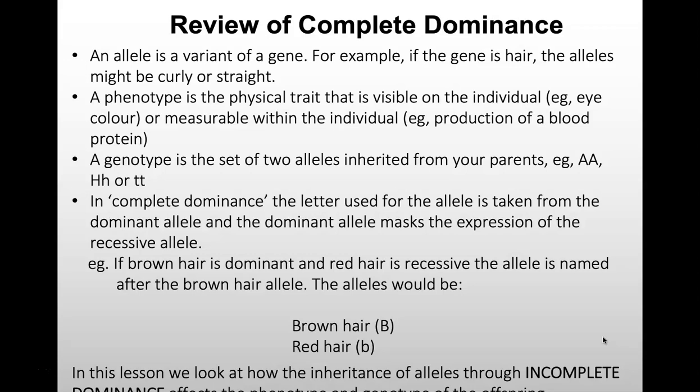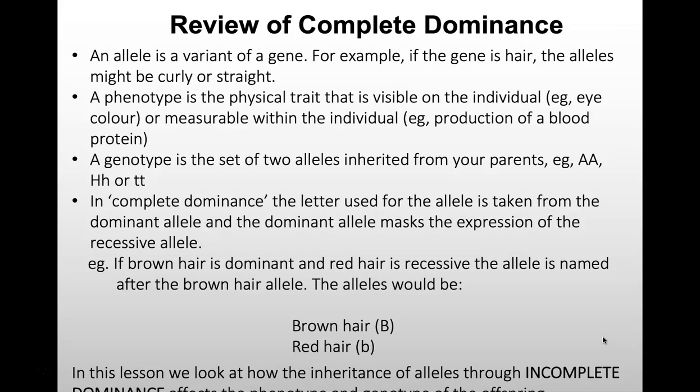A genotype is the set of two alleles inherited from your parents, for example, AA, capital H, lowercase h, or lowercase t. In complete dominance, the letter used for the allele is taken from the dominant allele, and the dominant allele masks the expression of the recessive allele.